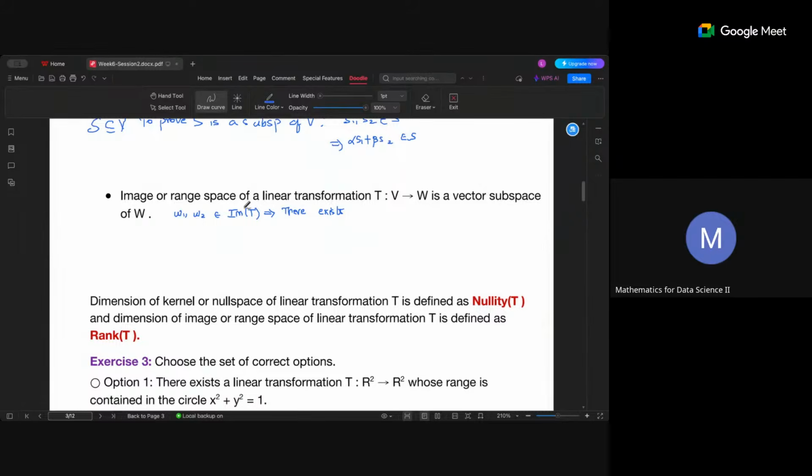According to the definition of image, there exist v1, v2 in V such that, can you complete?